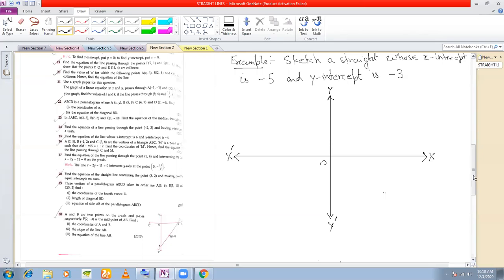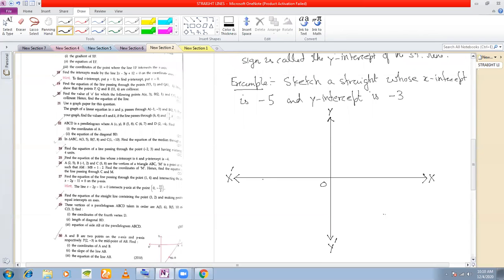So if you see x-intercept is -5, so you take a point on the x-axis which is -5, 0, such that this distance from origin to this point, say A, is -5. Okay, we'll take it with the sign as I said.